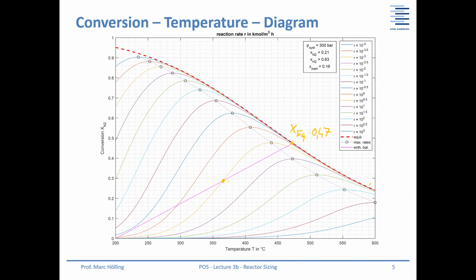So for example, you can go here and say, okay, I have the reaction rate 10 to the power of 0.5, and I have a conversion of 0.9. Here I can see, okay, this is something like 0.16, and the reaction rate here is 1, so 10 to the power of 0.